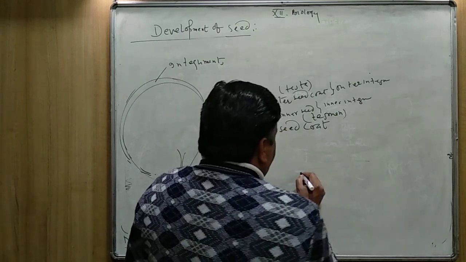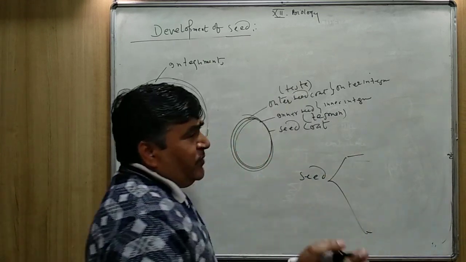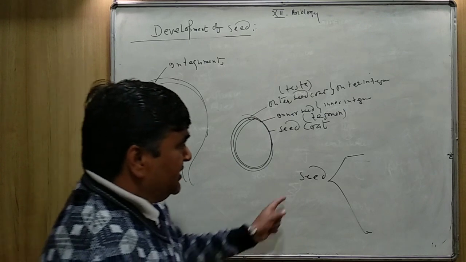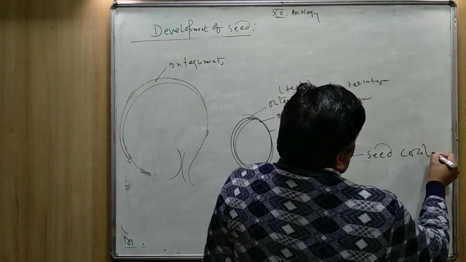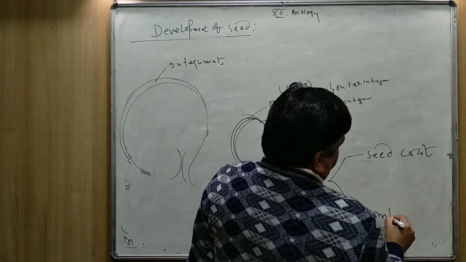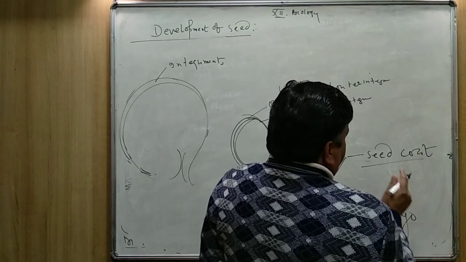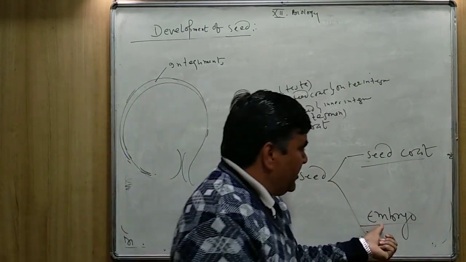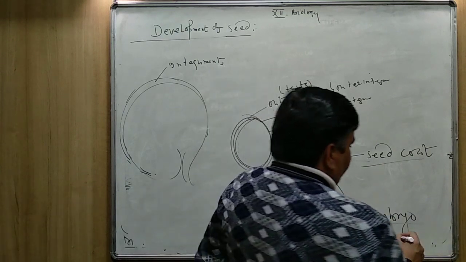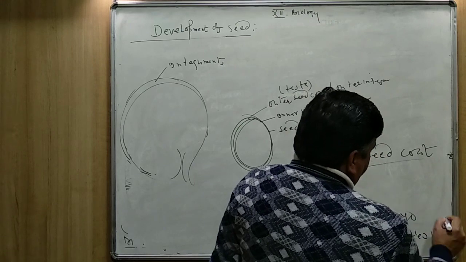Actually, if anybody is asking how many parts there are in a seed, each seed has two parts, that is seed coat and embryo. So the seed coat protects the embryo, and the embryo is the part of the seed which can give rise to the new plant. I have already talked about the embryo.